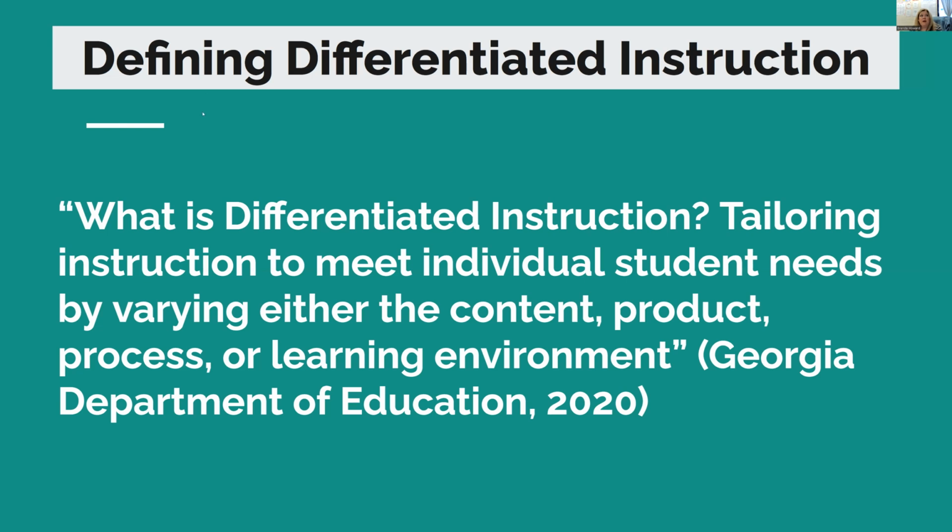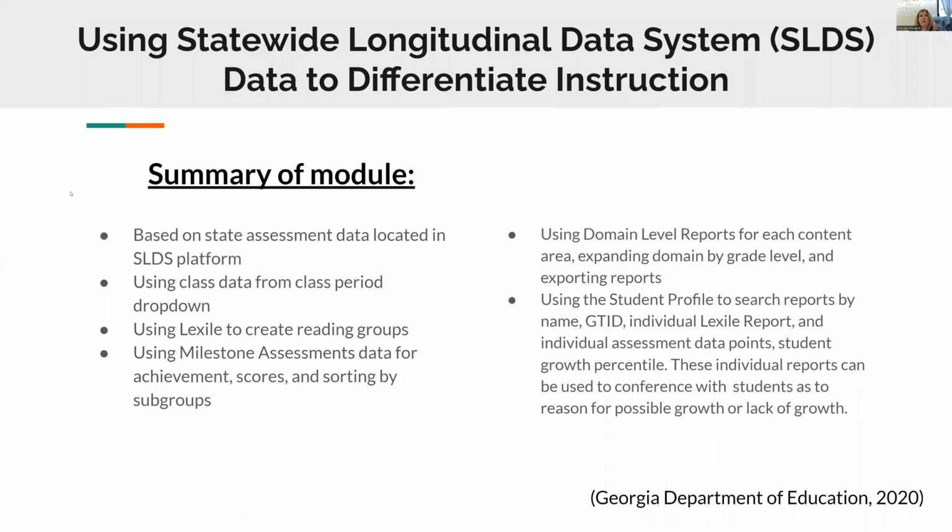I'm going to sum up what I experienced from this module as well. They talked about the state assessment data and where it's located on the platform. They used the class data from the class period drop down. They showed you where to find the Lexile and create reading groups based off of that in the platform. You're not just printing out a report and then having to sit there and figure out your own groups. They do it for you.